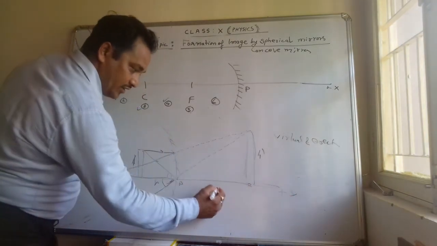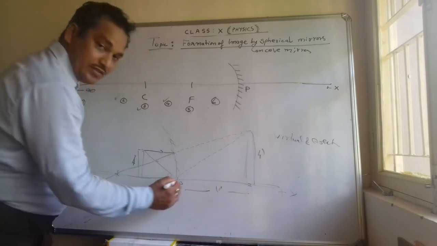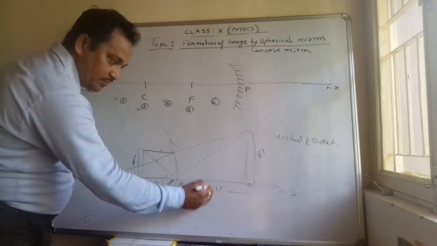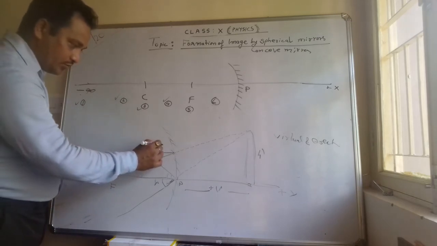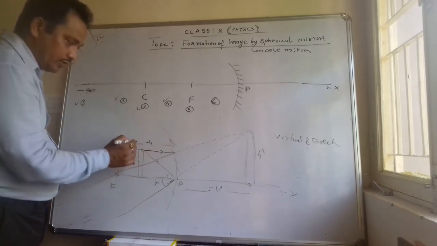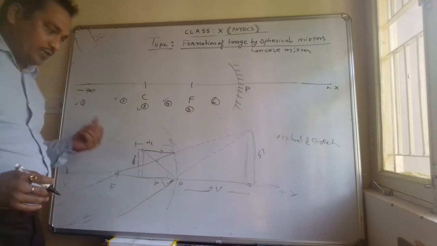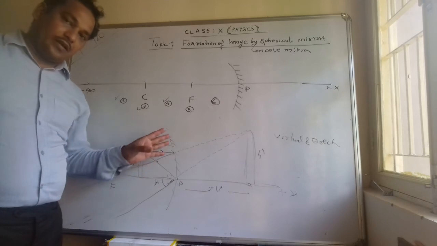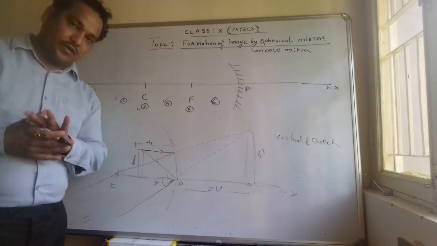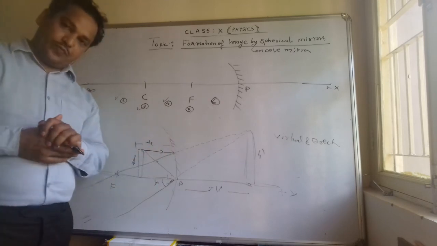So the distance of the image, the value, will always be positive here, and here the distance of the object was u, it will always be negative, and it is on the left hand side. Always we have to take care of the sign convention while drawing the ray diagram and applying it in the case of numericals. I hope it is clear to you.